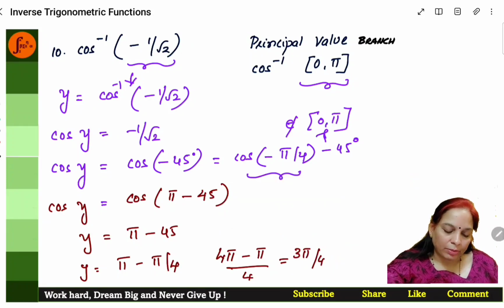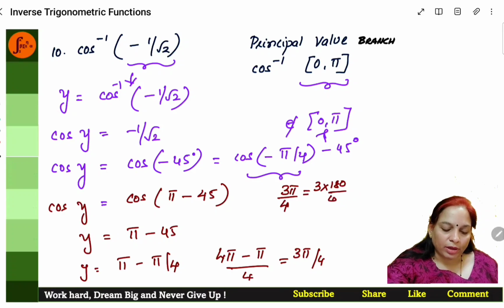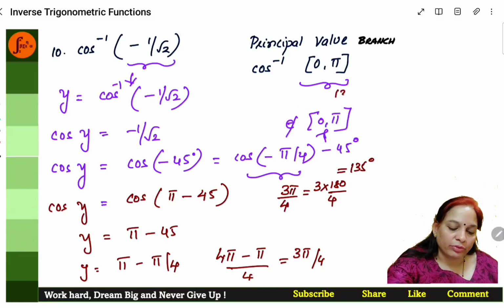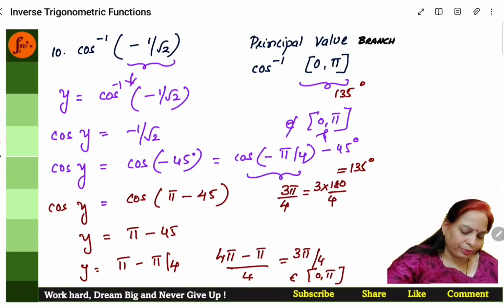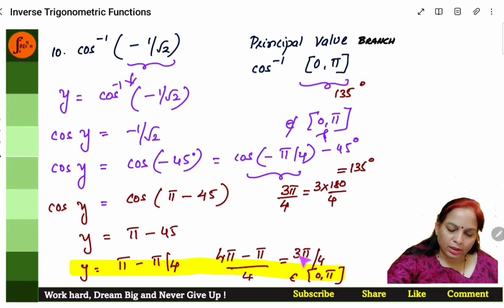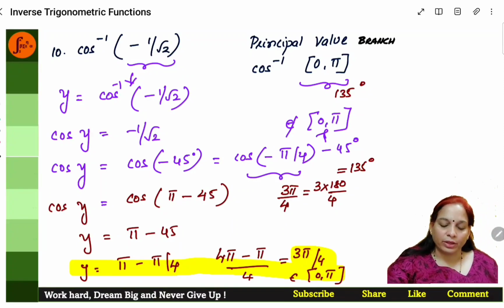And what is 3 pi by 4? 3 pi by 4 is equal to 3 into 180 by 4, which is 3 into 45, which is 135 degrees. 135 degrees is within this range, right? Therefore, 3 pi by 4 belongs to 0 to pi, and this y, 3 pi by 4, is the principal value.